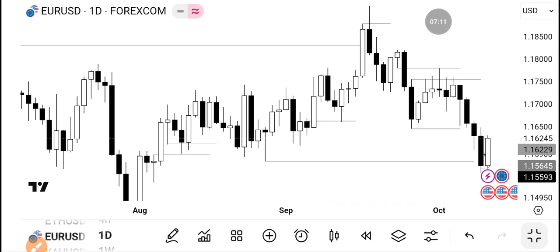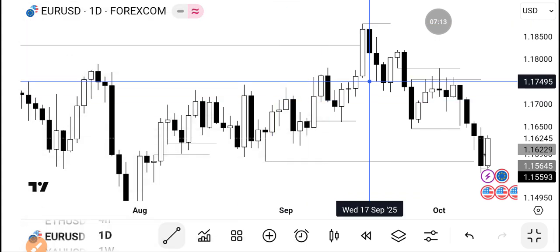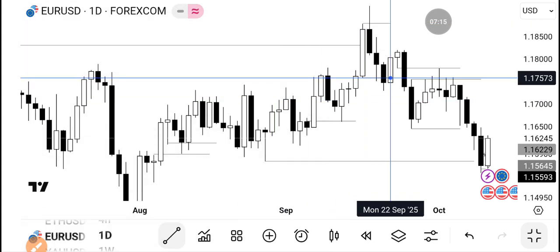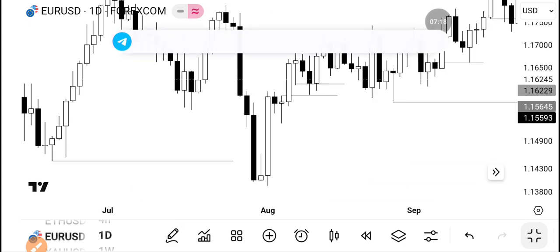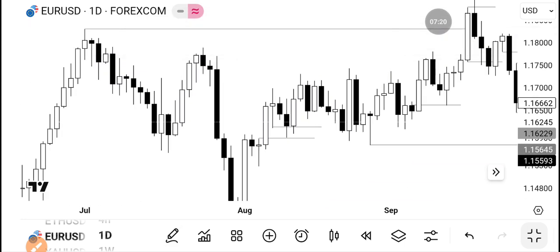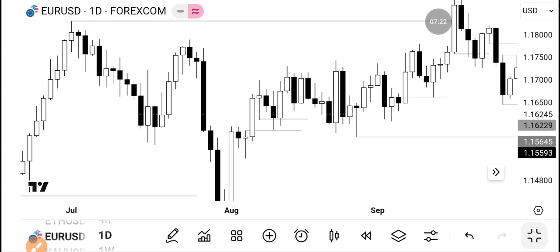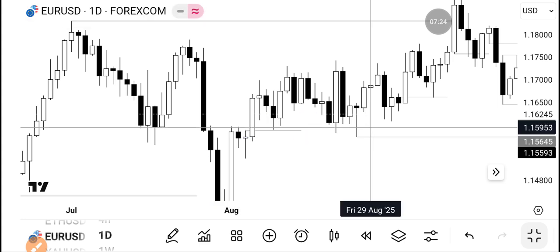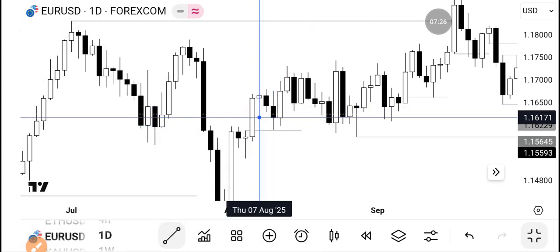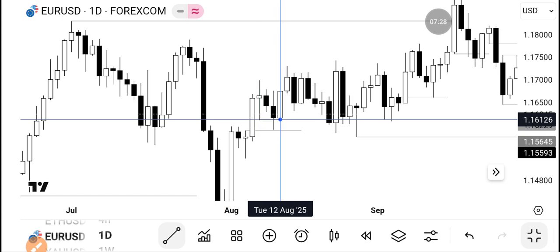Those are areas where price forms. CRT, right? Look at it. Candle range theory.